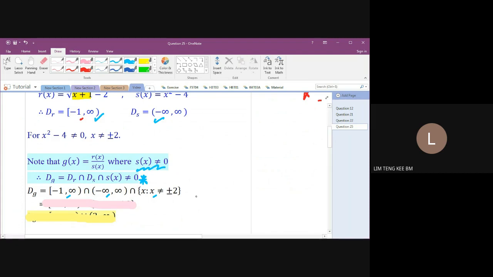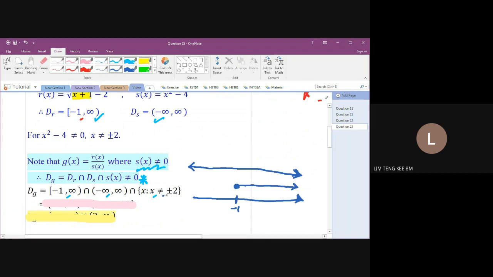You can use one single number line to intersect all three intervals. The first one is -1, including -1, and greater. The second one is negative infinity to infinity, which means I have arrows towards both ends, and every point between the two arrows is connected.